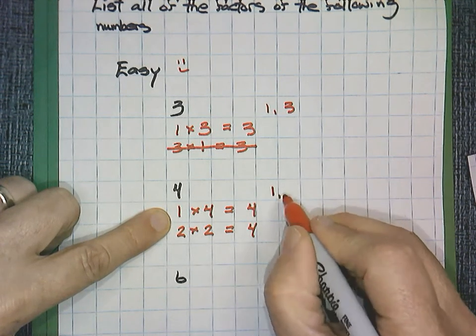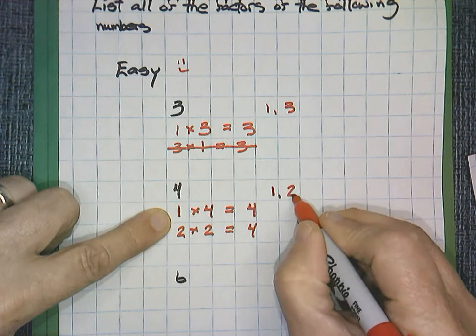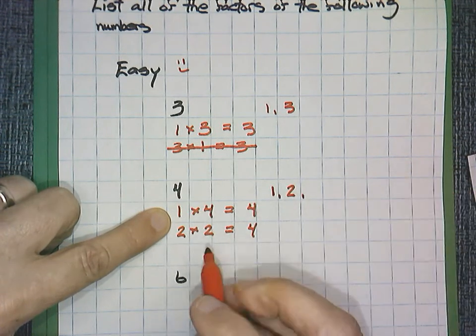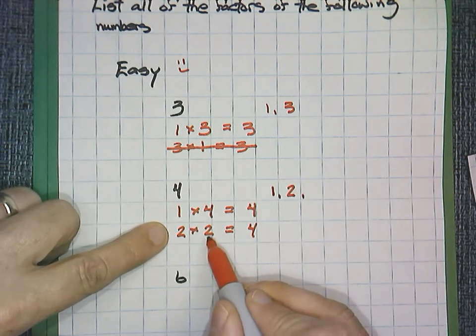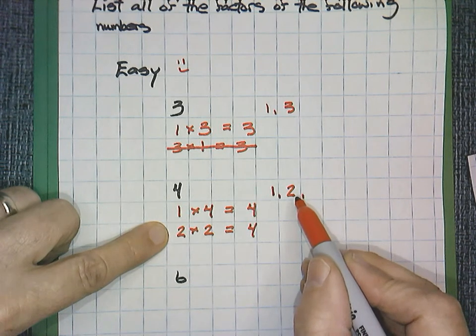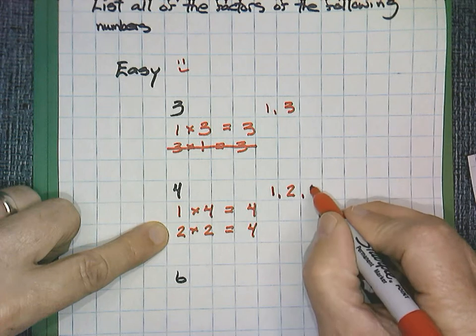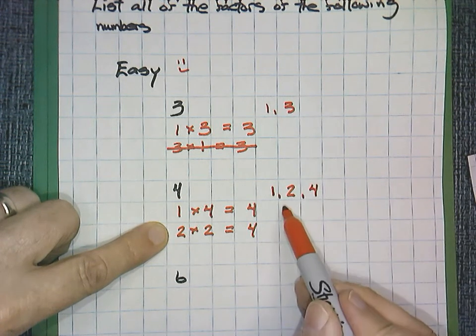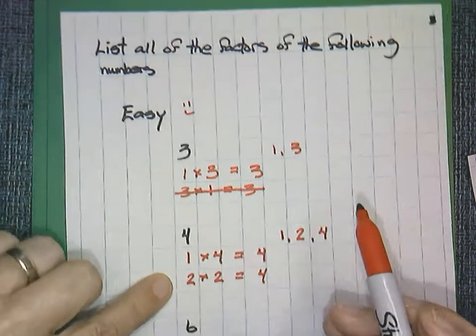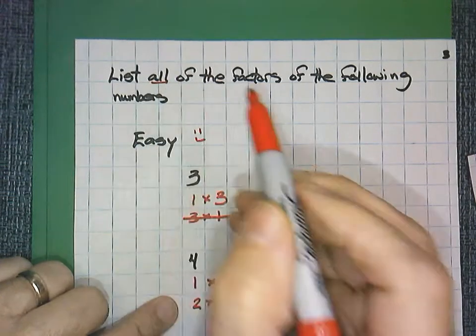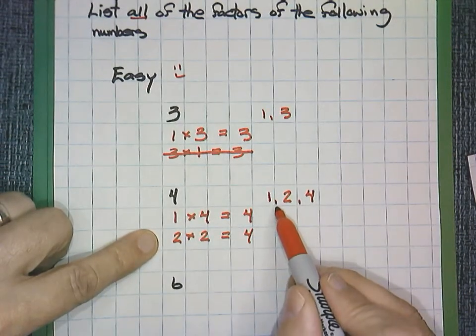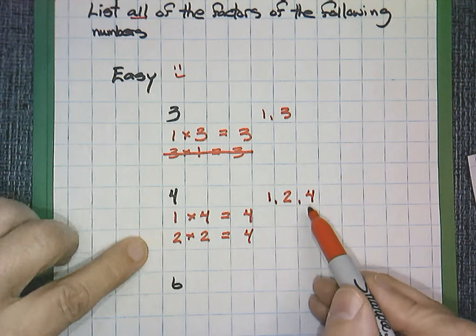So I'm going to say 1, 2. Notice that I have the 2 twice. I do not have to list that 2 times. So I'm now just going to put the 4. So all the factors of 4, remember we're looking at all the factors of a number, would be 1, 2, and 4.